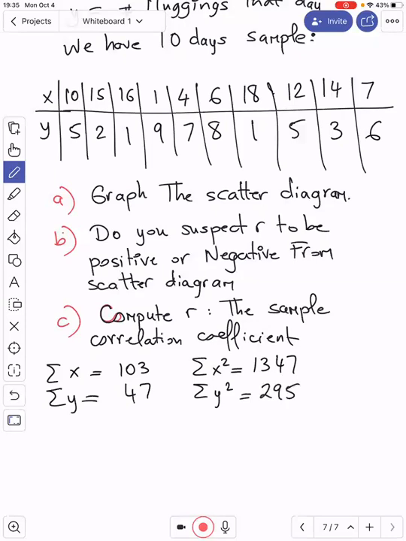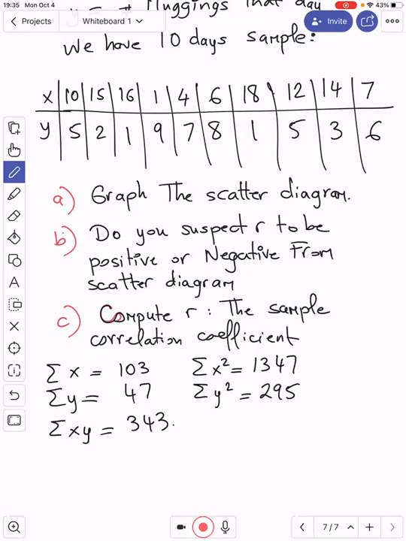And then the sum of X times Y is going to be 343, okay? Again, just because otherwise it's going to take a lot of time to compute all these things. And then you need to use this, of course, to compute R.